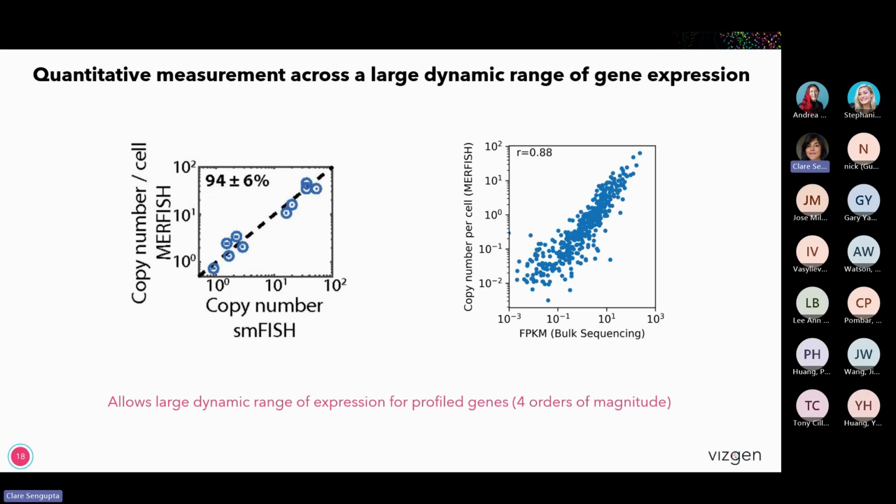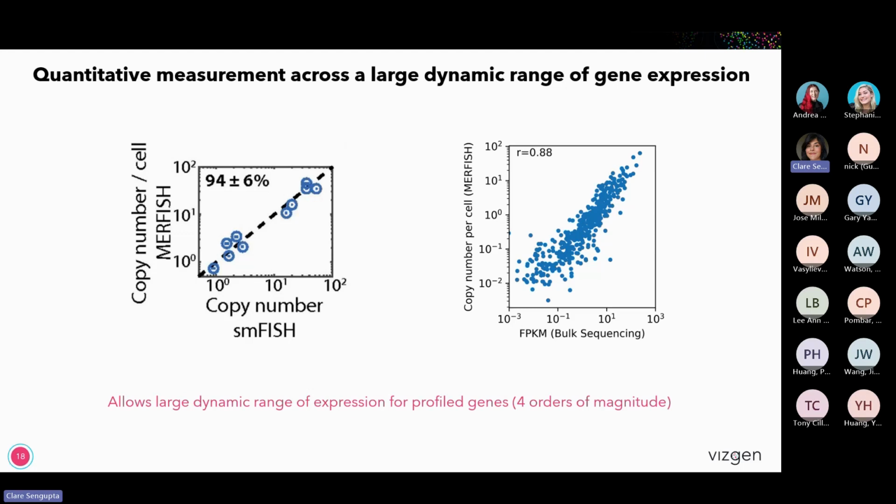On the left here, on the y-axis, we have the copy number per cell of MERFISH. On the x-axis is copy number from smFISH. And you can see the extremely high correlation of the two data sets. This is from a MERFISH publication from PNAS in 2016, and just goes to show the ability to recapitulate established technologies with the MERFISH protocol.